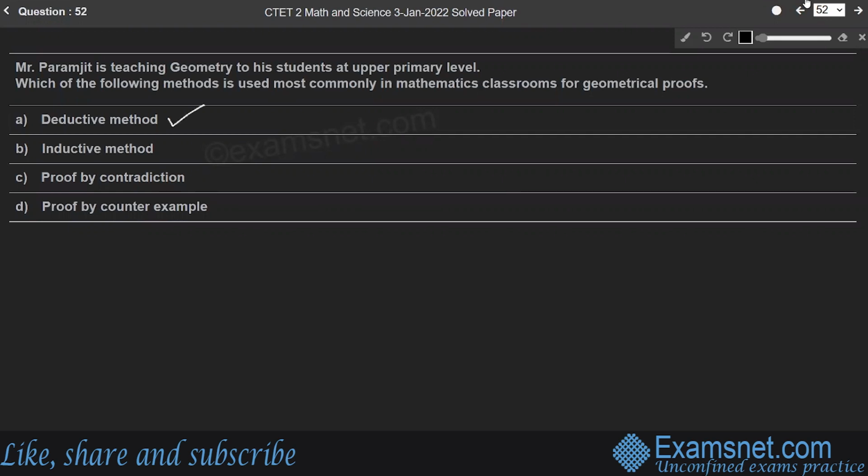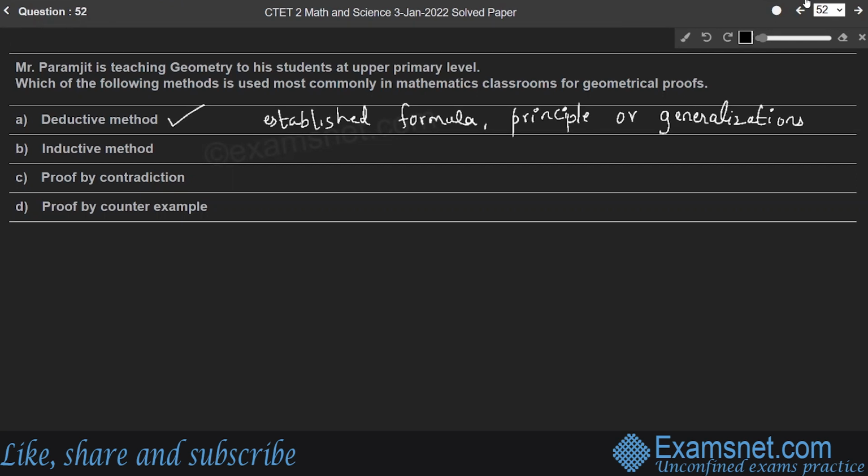In this method, the teacher uses the established formula or any principle or generalizations. Formula, principle, or generalization, right? To solve any problem, the teacher uses established formula, principle, or generalization.